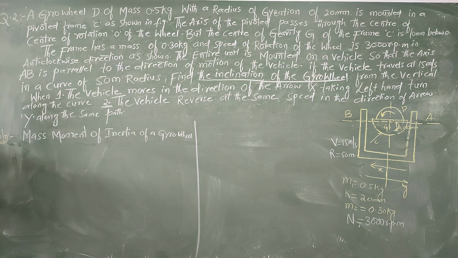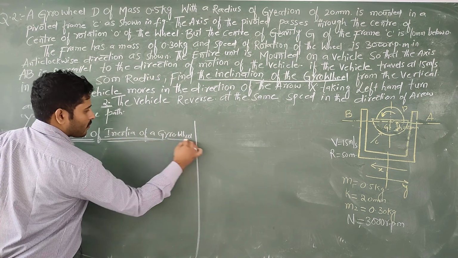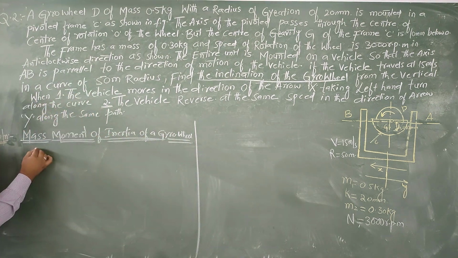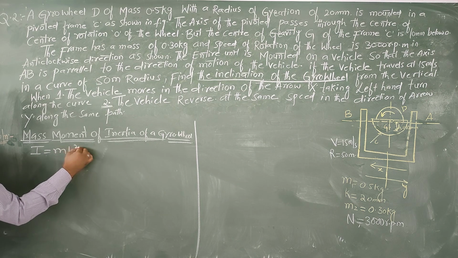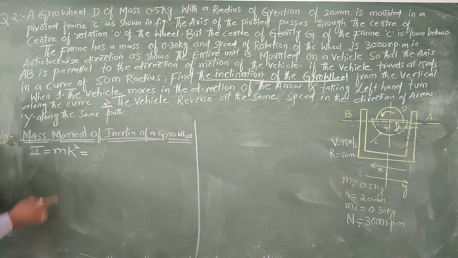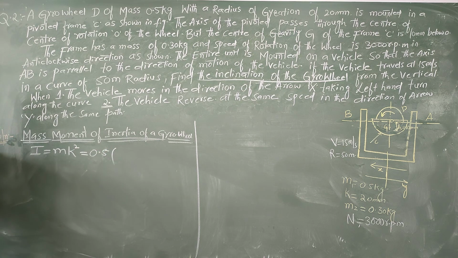Then we have the formula I equal to mass into radius of gyration squared. The mass given here is 0.5 kg, and the radius of gyration is 20 mm.